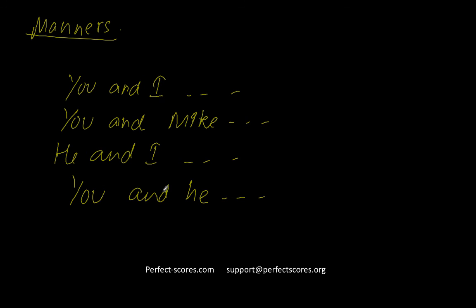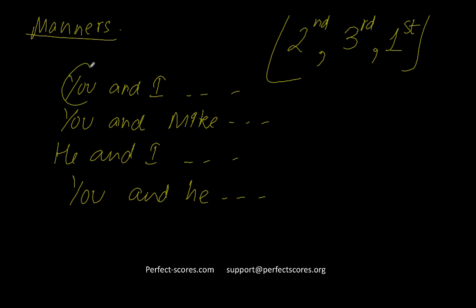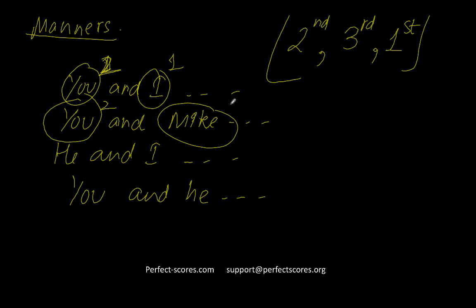So you see, there is an order over here. At the end comes the person who is actually speaking. Then comes the person at the third place. And in the beginning, you always begin with the second person. So this is the order that you have to follow. Let's say you have a sentence with one first person pronoun and one second person pronoun. You will put the two before the one. In this case, you have a second person pronoun and you have a third person, Mike.